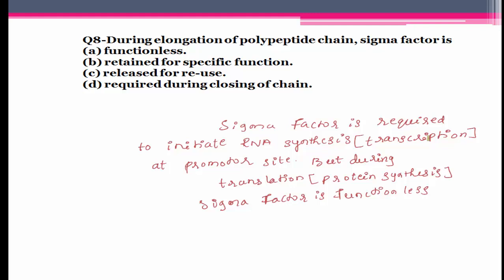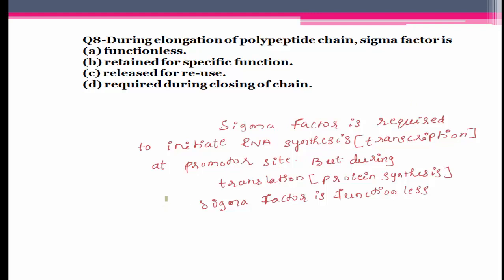Elongation of polypeptide chain is one of the steps in protein synthesis: activation and selection of amino acids, initiation of polypeptide chain, elongation of polypeptide chain, and termination of polypeptide chain. These are the steps with respect to the study of protein synthesis, also called translation.